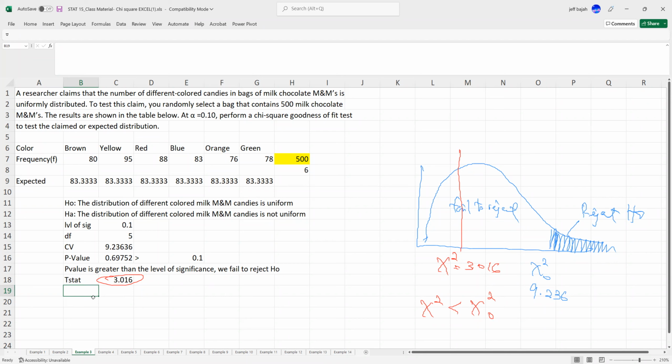So we'll now say, why do we do that? Interpretation, right? You know, say at 10% level of significance, there isn't enough evidence to reject the claim, right?